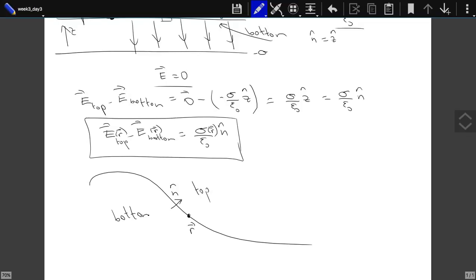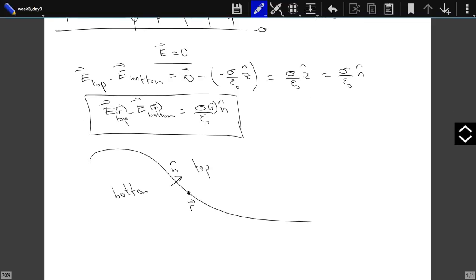If you approach the same point from this limit, then you obtain another electric field, which I call the E bottom. These two limits, although they are the electric field at this point on the surface, can be different. Well, if the limits are different, it just tells us that there is a surface charge density at this point. Let's do a simple example.